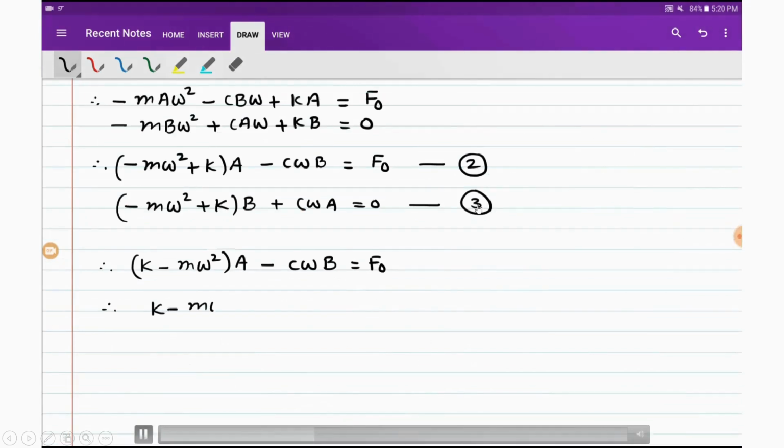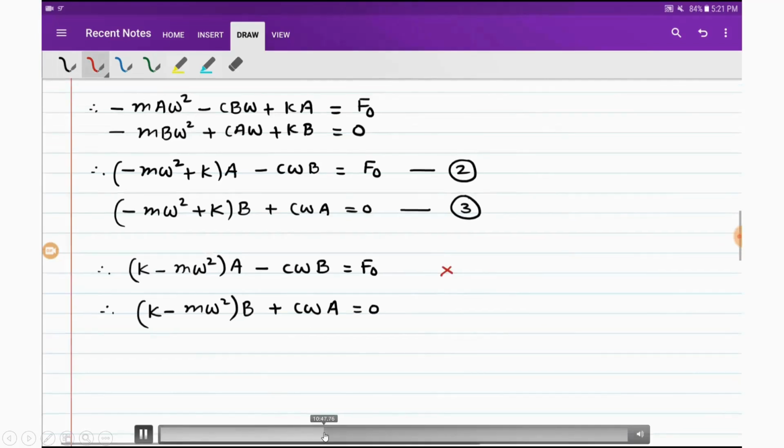Let us call this equation 3. Just rearranging the terms, in the second equation we write k first: k minus m omega square, a, minus c omega b is equal to f0. Here also k first, then k minus m omega square multiplied by b plus c omega a is equal to 0.